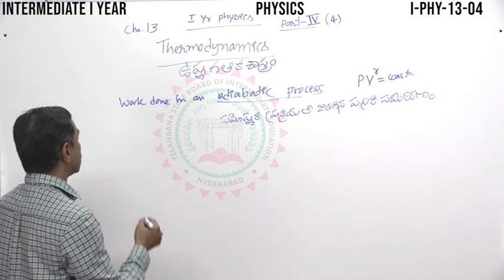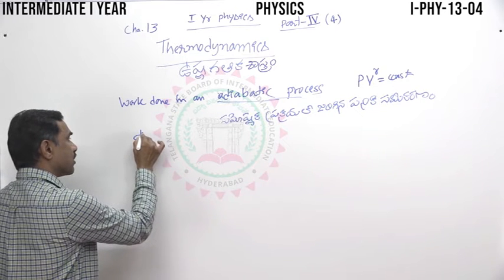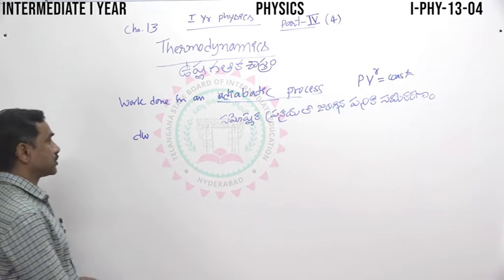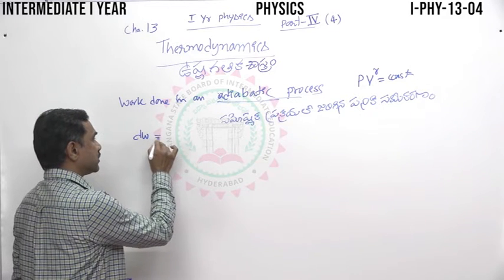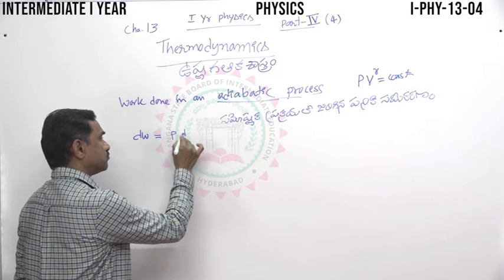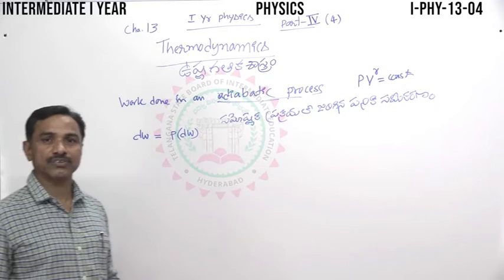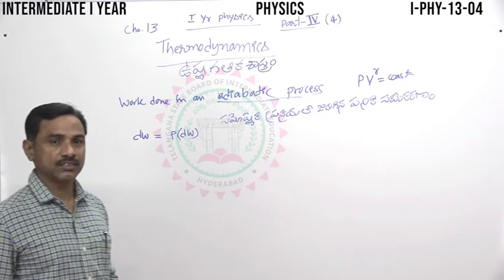In this process, let us try to derive the work done in an adiabatic process. For a small change in volume, the work done by the system, we already discussed while discussing the first law of thermodynamics.